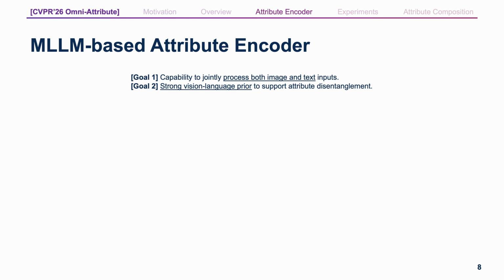Okay, regarding the model architecture, we use a multimodal large language model as the foundation for our attribute encoder because of two reasons. First, the attribute encoder needs to jointly process both image and text inputs. Second, the attribute encoder needs to have strong vision language prior knowledge to support our attribute disentanglement task.